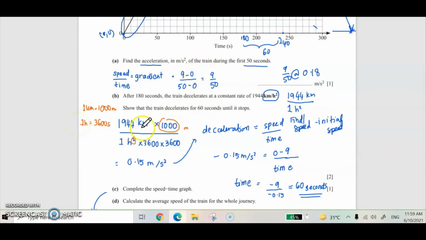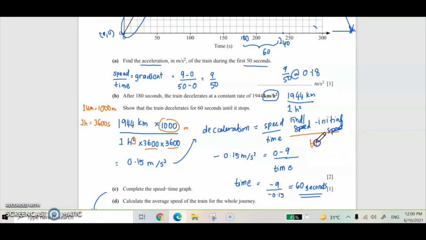Okay, and then we know that 60 minutes pula nak pergi ke second, kena kali pula dengan 60 seconds. Jadi maknanya 1 hour 3600 seconds. Okay, so since kat sini ada square, so you kena square kan 2 kali. Okay, so now we get the deceleration is 0.15 meter per second square. So as I explained just now, we equate with this equation, with this formula.